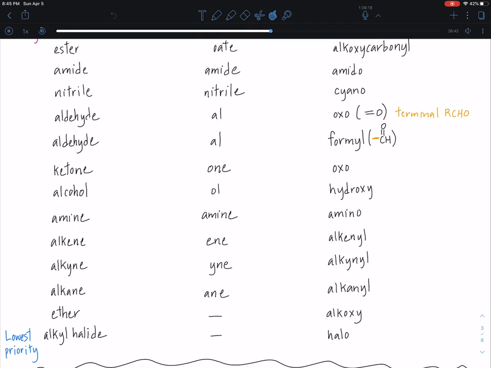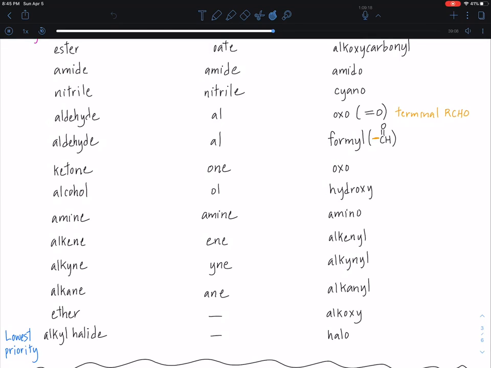Ketones come after aldehydes in terms of priority. One, like acetone, for example, is the suffix that we will use. And if the ketone is a substituent, so it's part of a molecule that has another functional group that actually takes priority over the ketone, then the oxygen we would designate as an oxo group.